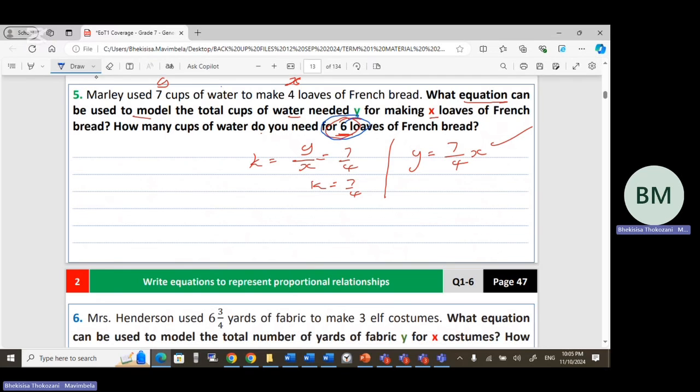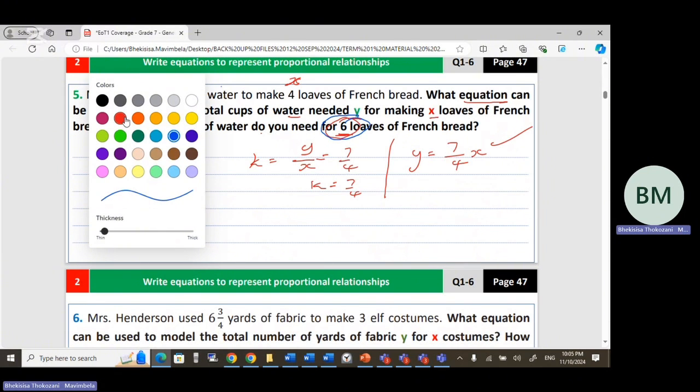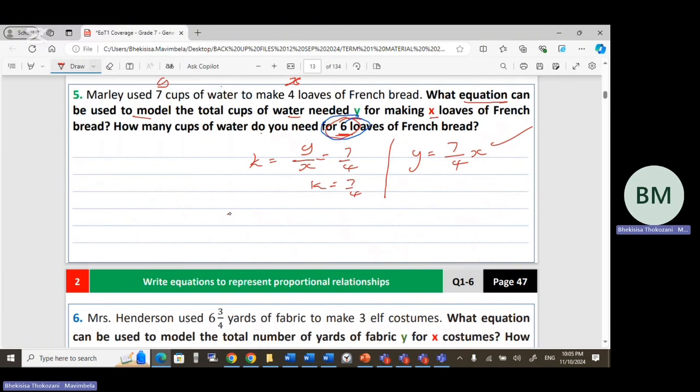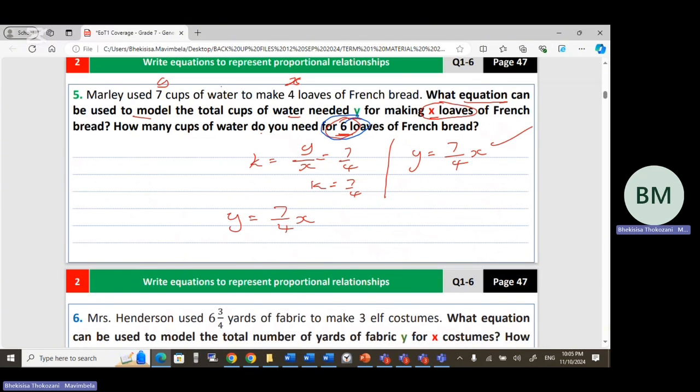I will now say my equation, which is y equal to 7/4 x. Remember that loaves represents x. So again, I'm seeing loaves here, meaning that these loaves are my x.